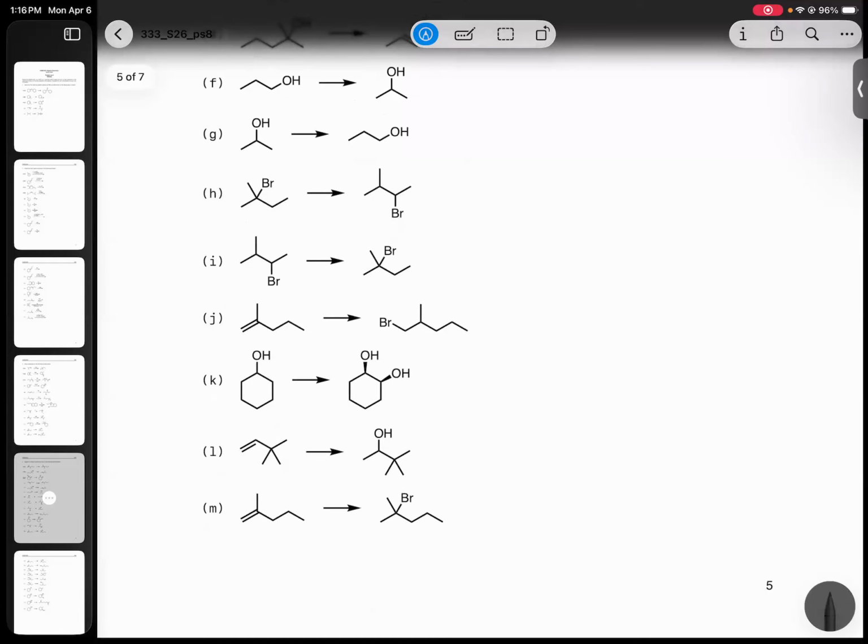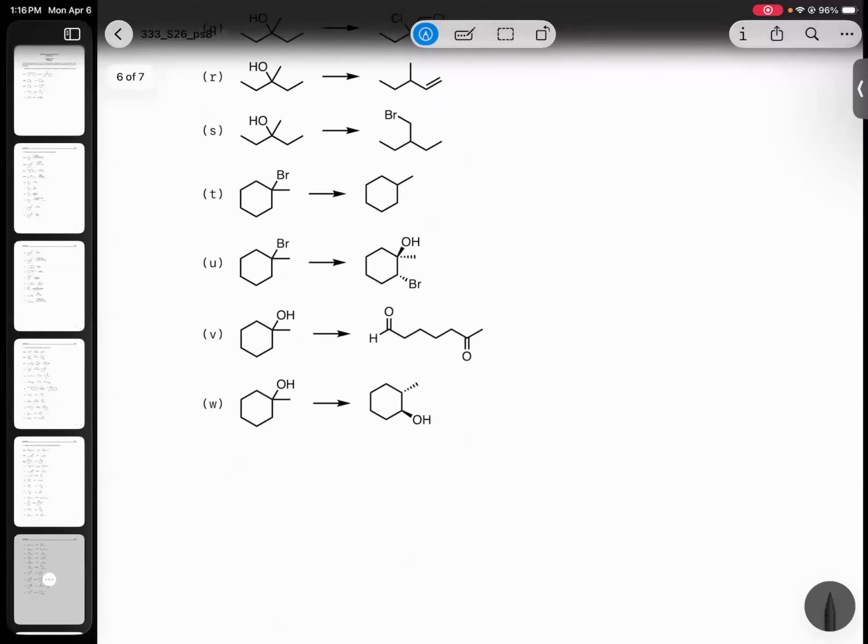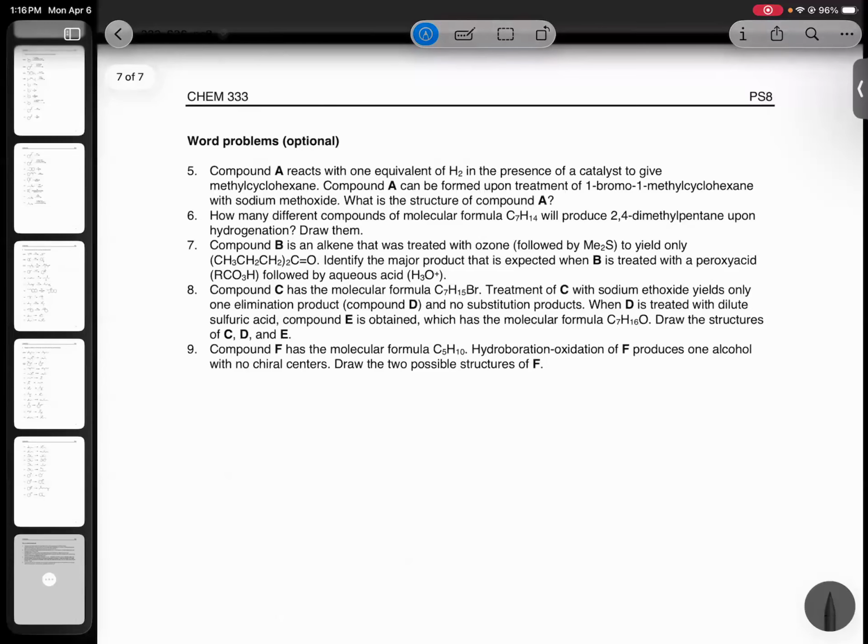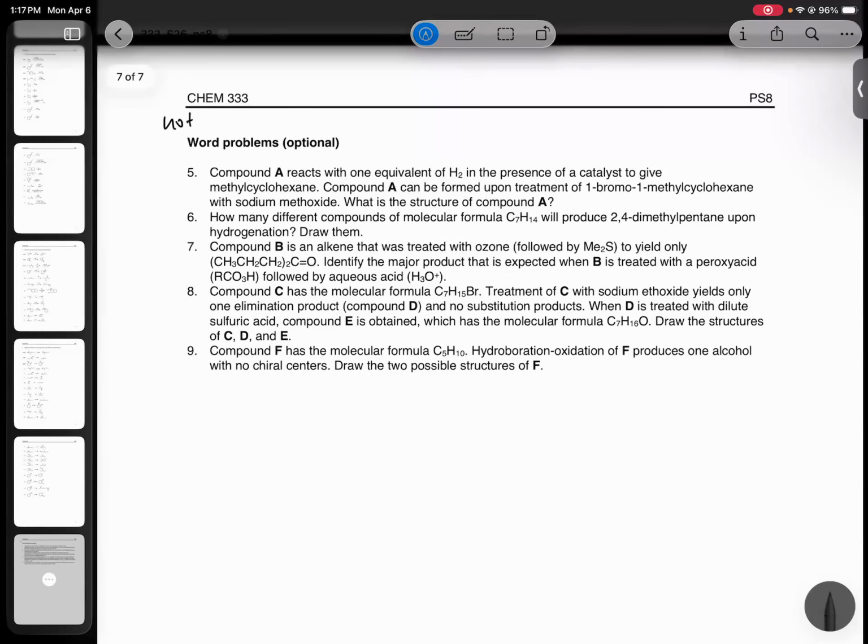Let's see what else. Some of these may be single step, some of these may be multi-step. And then at the end, there are these word problems. So I'm not going to ask stuff like this on the exam. But this is kind of the way that a lot of times chemistry is written out in the chemical literature, not as puzzle questions like this, but in many cases chemists write stuff out in words, especially old papers where typesetting the chemical structures was a giant pain.